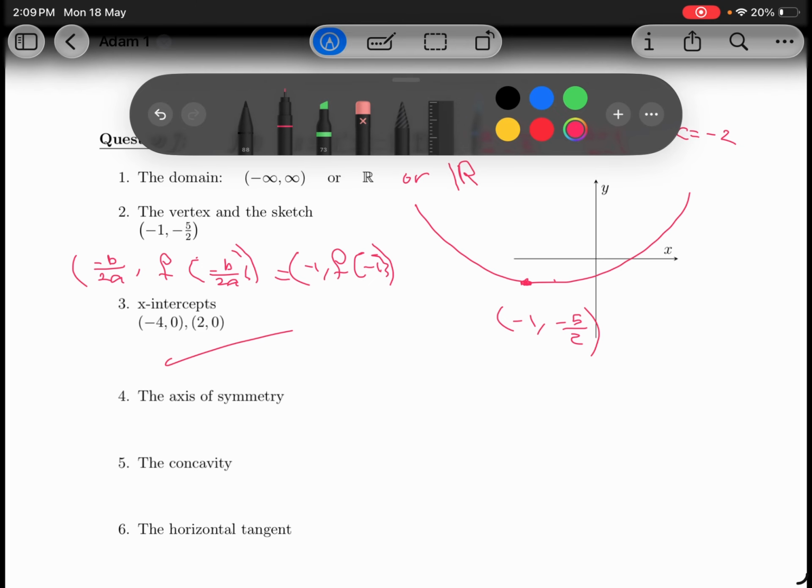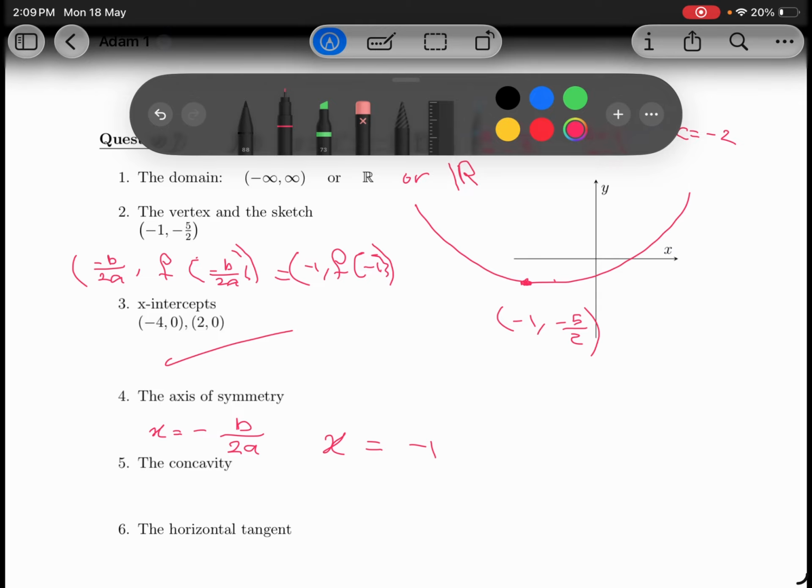I can move on. Here the axis of symmetry, which is x equals minus b over 2a, is the same as the x coordinate of the vertex. The x coordinate of the vertex, x equals this guy, is minus 1 indeed.